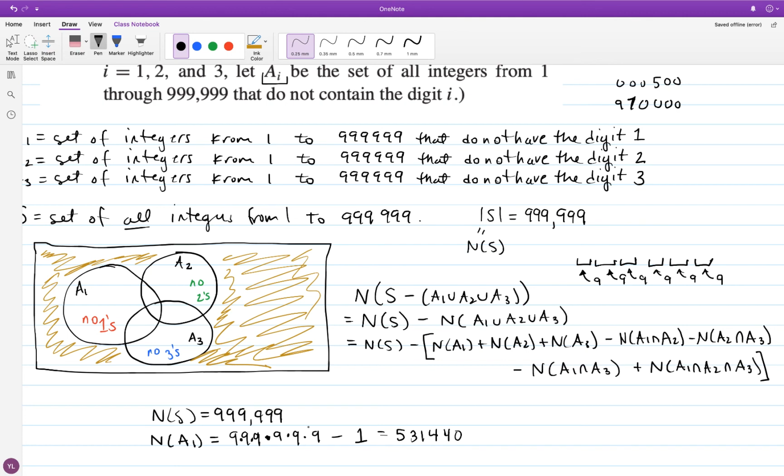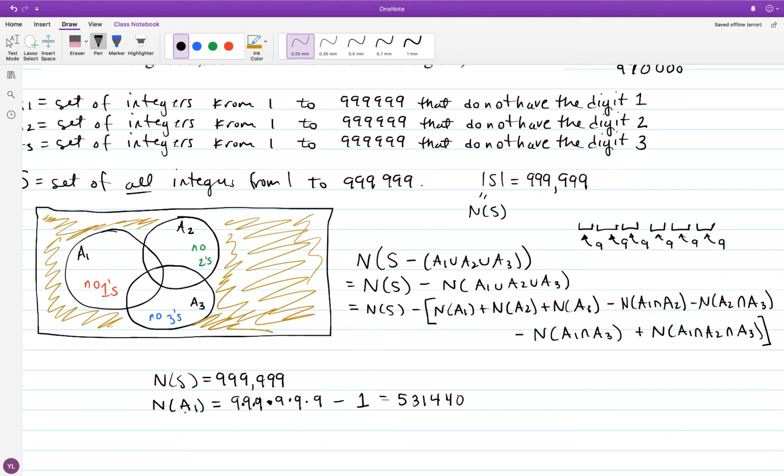Okay, and just observe that this is going to be exactly the same count for A2 and A3, because excluding 1 from the construction of the number is the same thing as, count-wise, omitting 2 or omitting 3. So this is the count for A2, and it's also the count for A3. Okay, now we have that logic established, we can get these other counts as well.